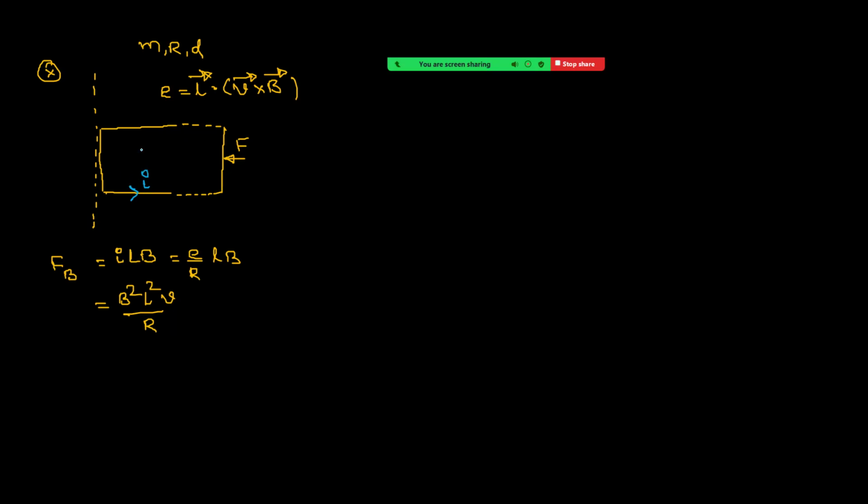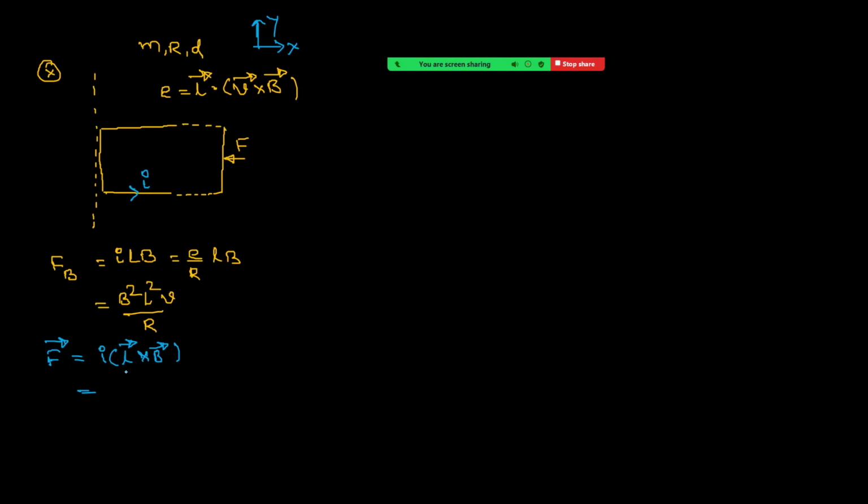Let us take this board plane as the XY plane. Then you can see the direction of L bar. When you want to find the force, F bar equal to I into L bar cross B bar. The direction of L bar is the direction of current. Current is now like this, that means it is along the negative y-axis.